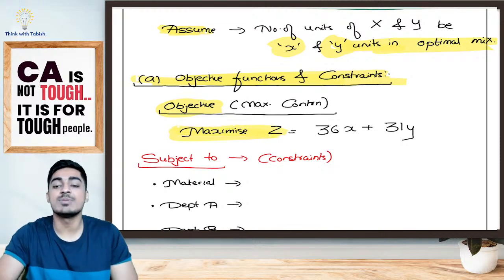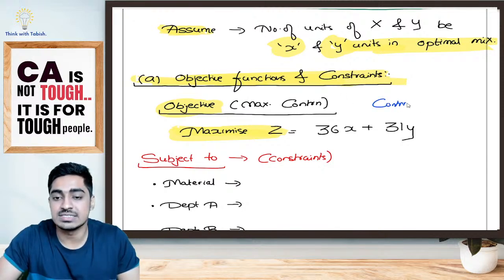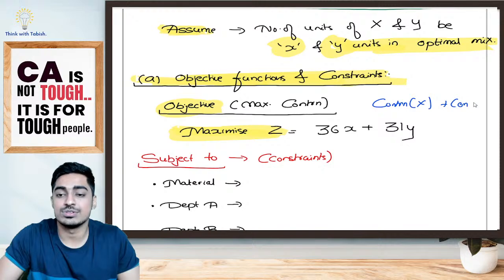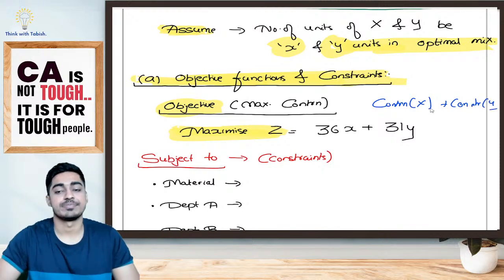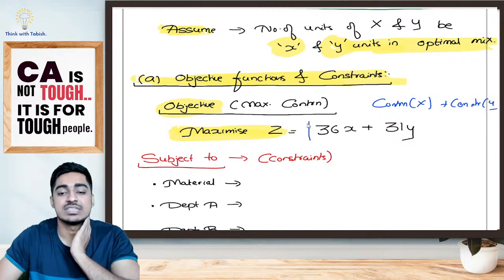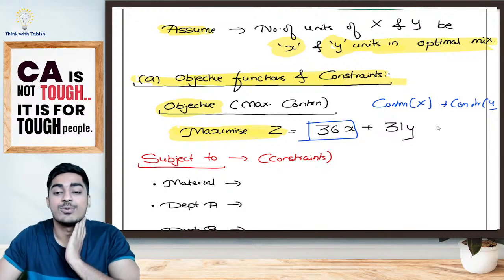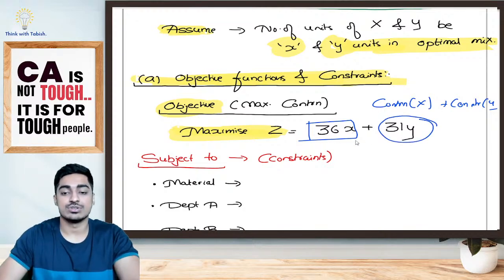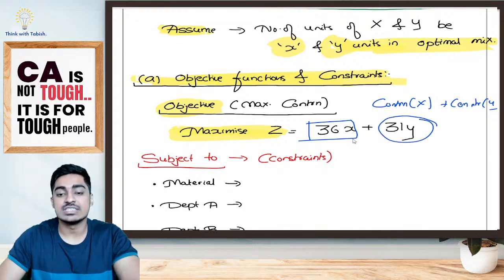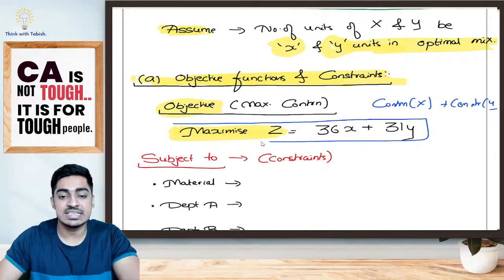Total contribution is contribution of X plus contribution of Y. Contribution of X is 36 rupees per unit into X units, 36X. Contribution of Y is 31 rupees per unit into Y units, 31Y. So the objective function is to maximize the contribution, which is 36X plus 31Y.